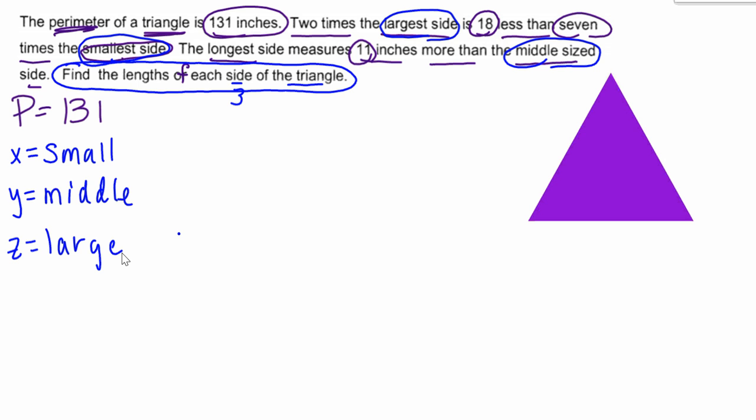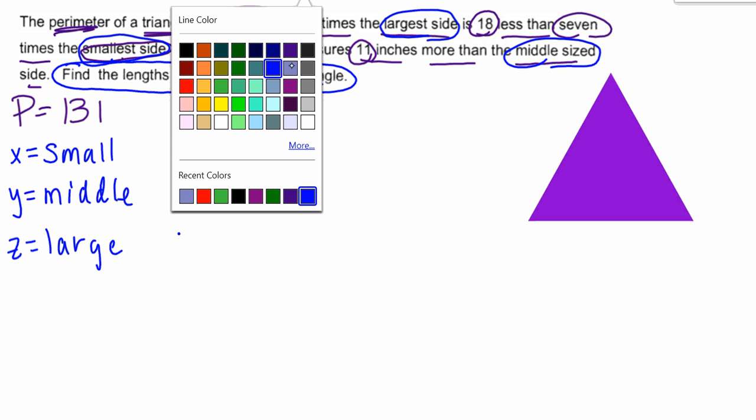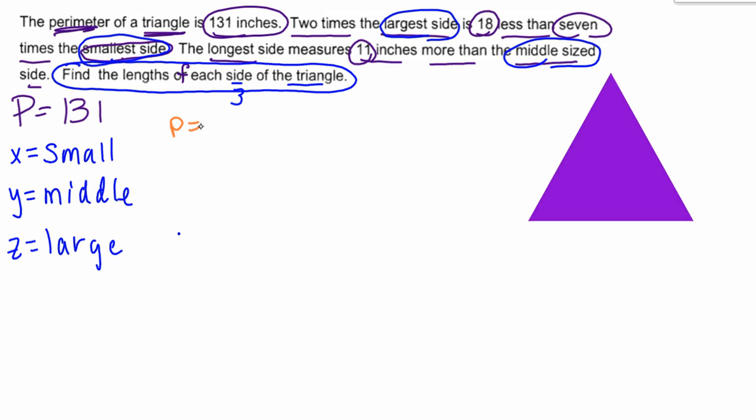Okay, so we've got this triangle here, right? And this first sentence is good to do. The perimeter of a triangle is 131 inches. Well, if we define perimeter, perimeter is the sum, it's a good word, of all sides.